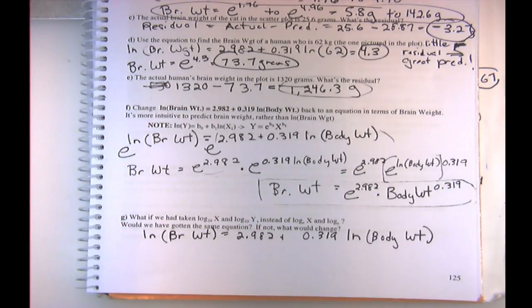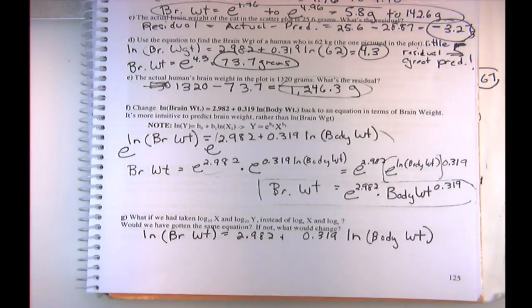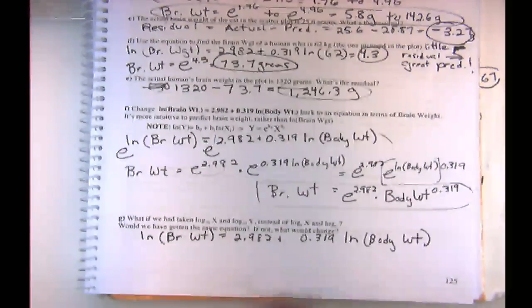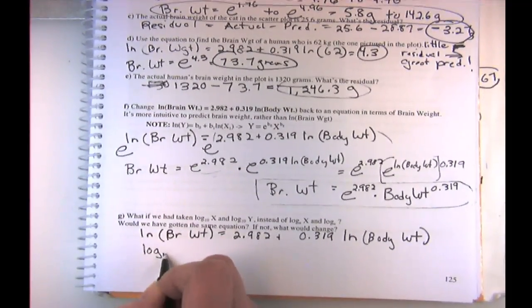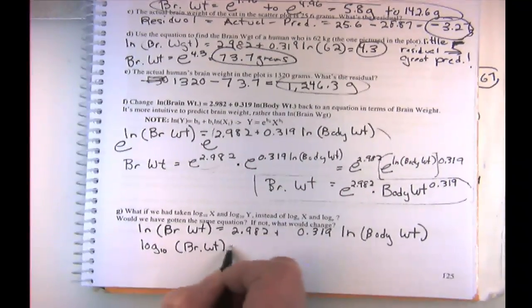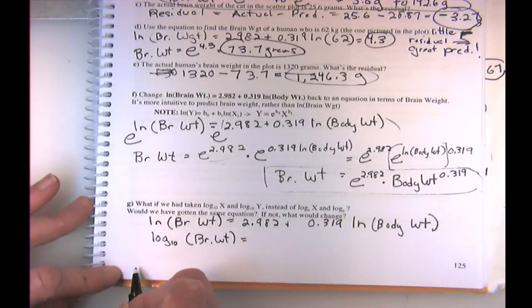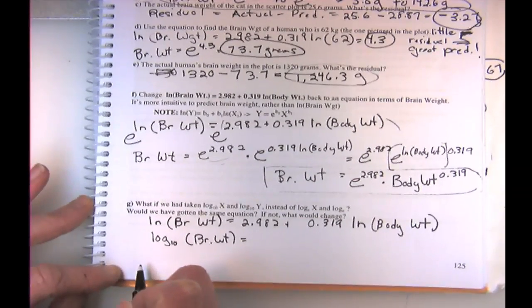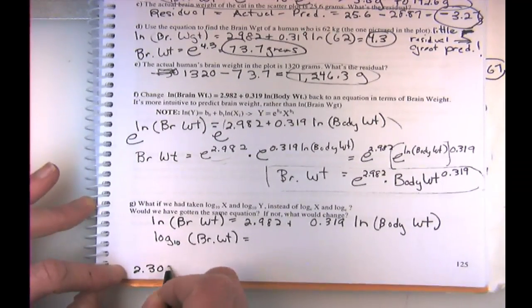What do you raise e to get 10? You need to know that fact. So basically, if I want to change everything to log base 10, you have to know that the natural log of 10 is 2.303. So I'll say you're using this fact, 2.303 rounded.